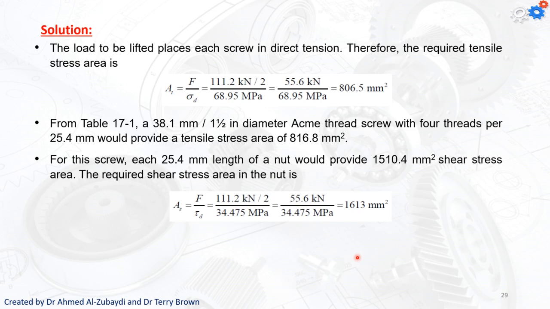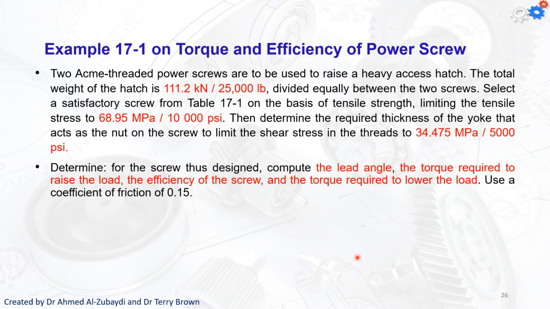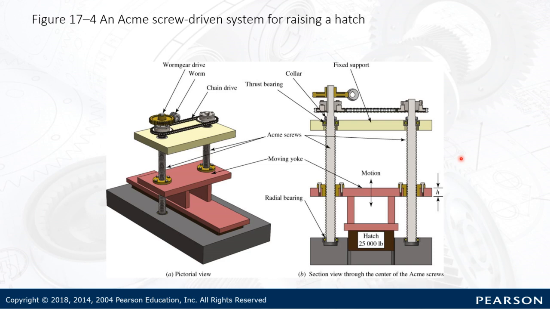Now we go back to find where we found the 34.4. That's the shear stress we had. That's how we found this value. Knowing this, we can find the shear stress area.